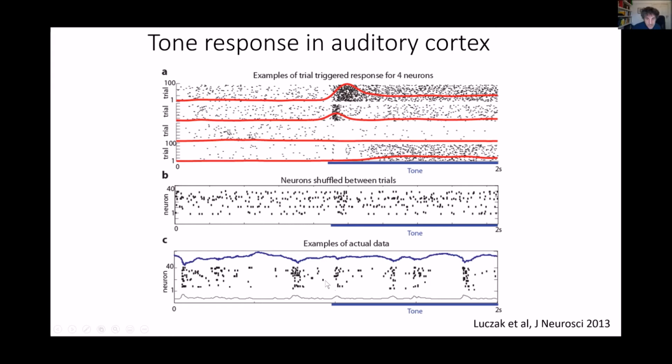And what we're seeing on just one trial is that after the tone comes on, you have a burst of activity, but then you have bursts of activity at other times, and you even have bursts of activity when there's no tone being played at all. These spontaneous packets of activity. So the actual population really looks very different to this virtual population that you might imagine.